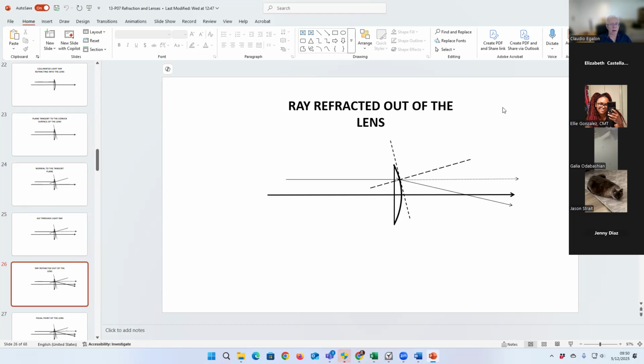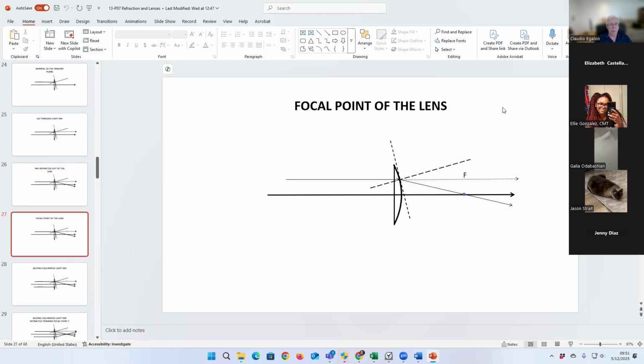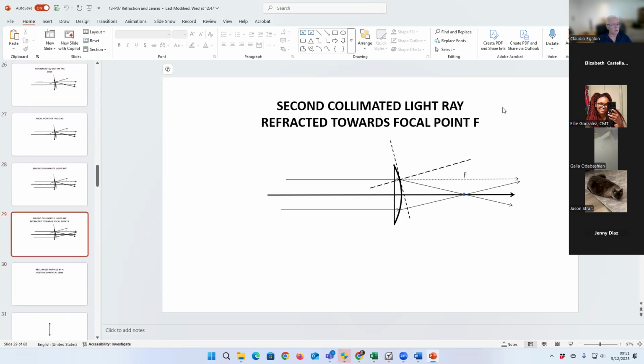That's my first light ray. Now we can have a focal point there. Another collimated light ray is going to be concentrated towards the focal point.